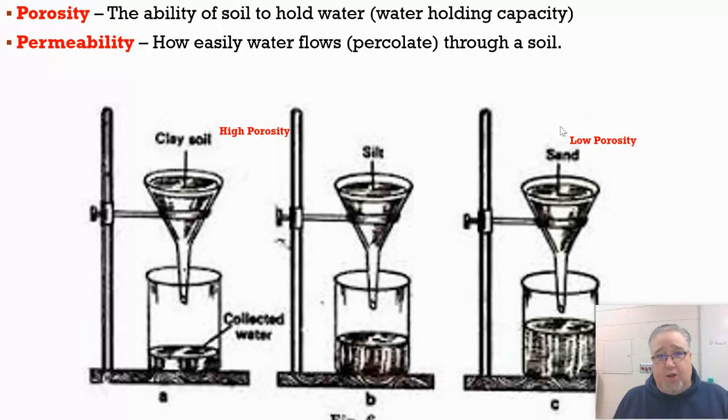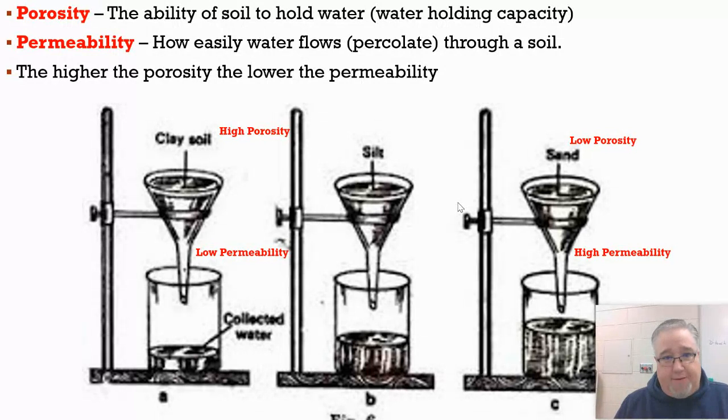So again, you can look at the picture, and if I ask which of these three soils has the highest permeability, which one has the lowest permeability? I mean, you would probably say that the sand, because the water went through it so quickly, would have the higher permeability. And again, the clay would have the lower permeability. And silt is kind of in the middle, right?